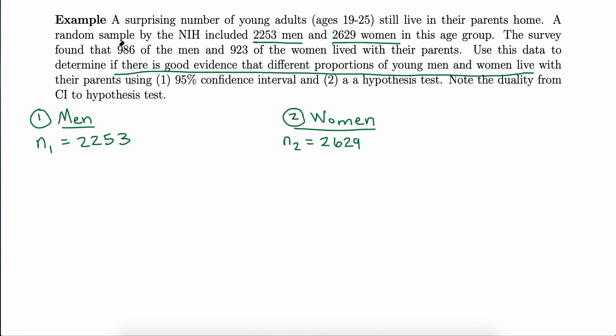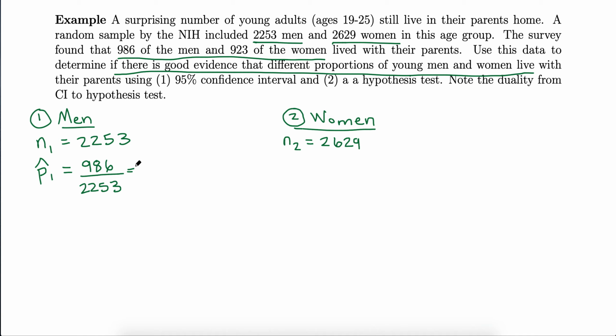Then they also tell us how many in each group are considered quote-unquote successes, are still living with parents. So my P1 hat, based on the data, not the entire population, for the first group of men, I see that I've got 986 successes out of the sample size for the first group, 2,253. And remember, just for convenience, we're all going to be rounding to 4 decimal places, so we get the same thing.